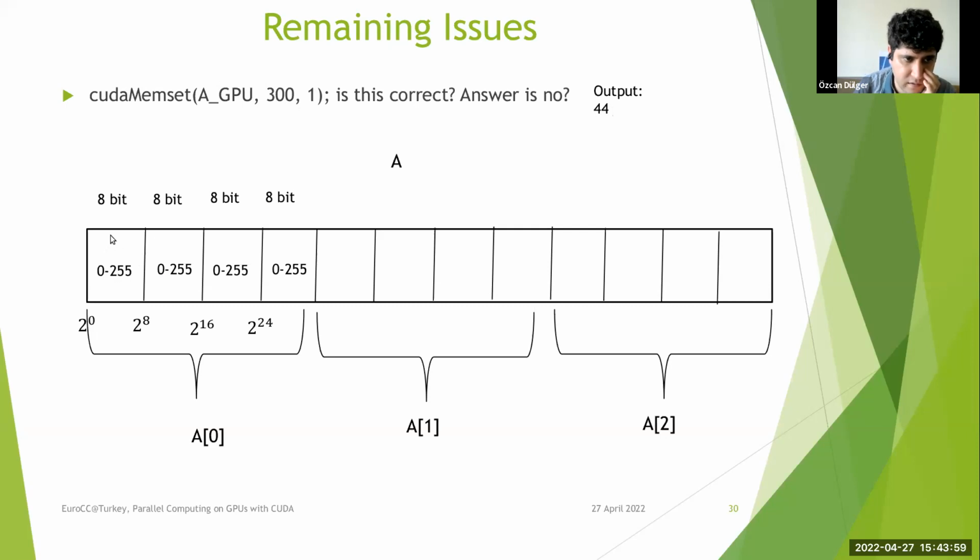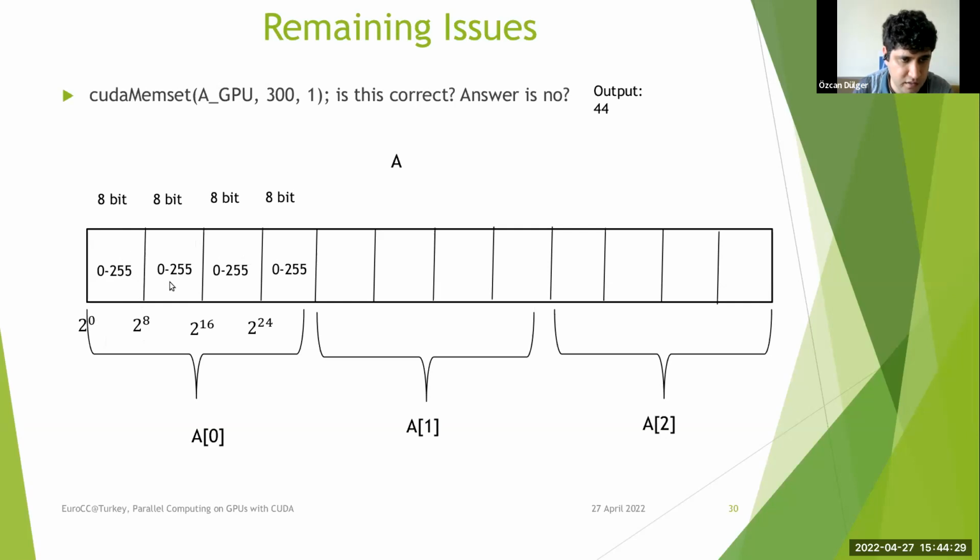Here again, at most 2^8 values can be kept in each memory location. In the first byte, in the first memory location here, the numbers between 0 and 2^8 minus 1 are stored.